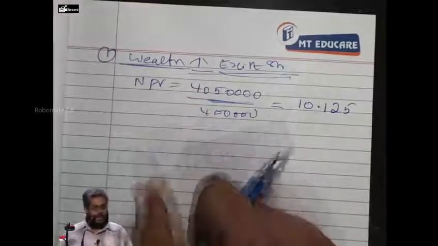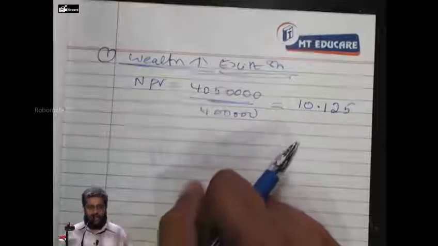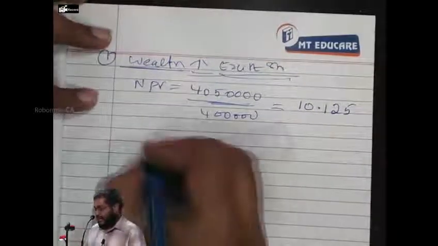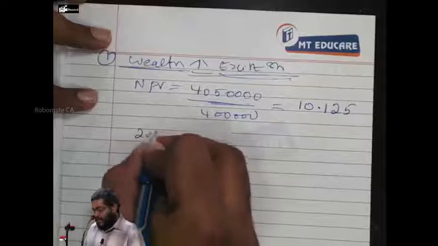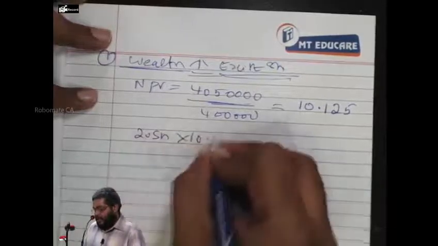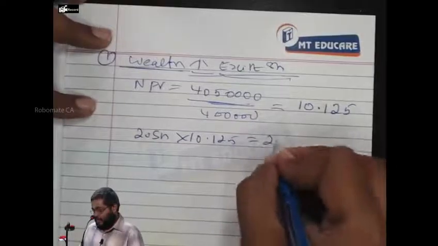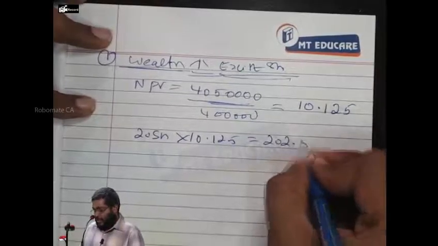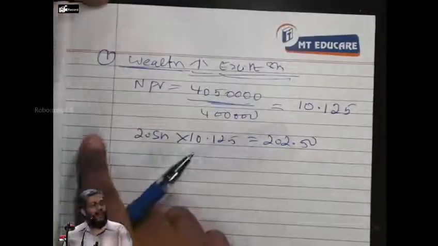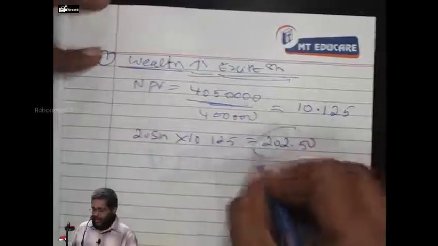Our investor is holding how many old shares here? 20 old shares. In that case, for 20 shares, it is 20 into 10.125. Can you multiply and tell me what is the number? 202.50. Leave the decimals, all approximations. I got 202.36. Now it's going to be 202.50.